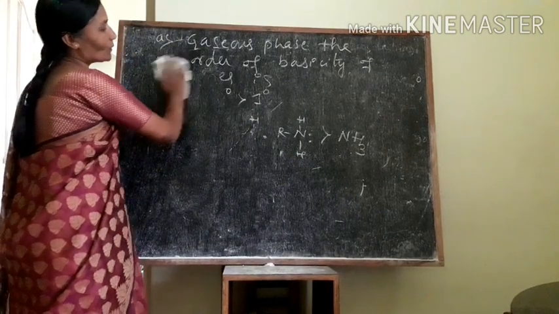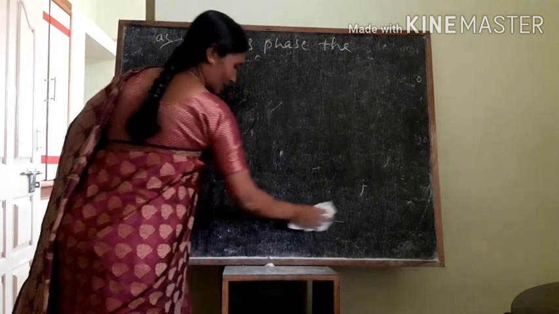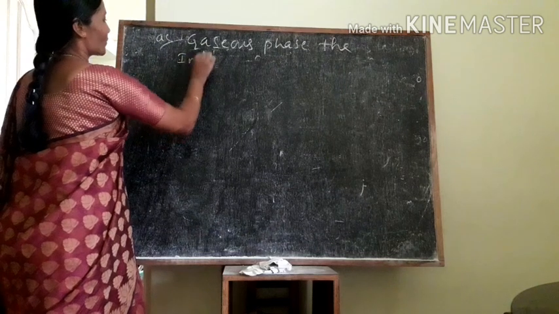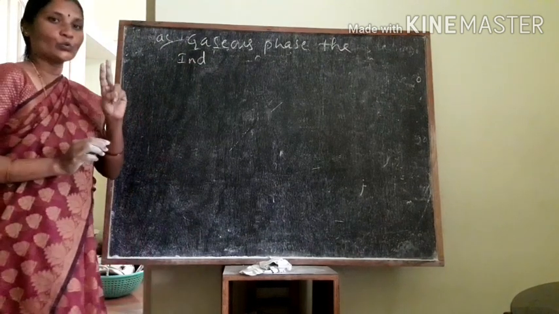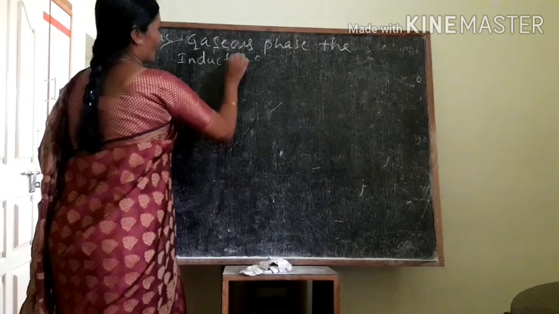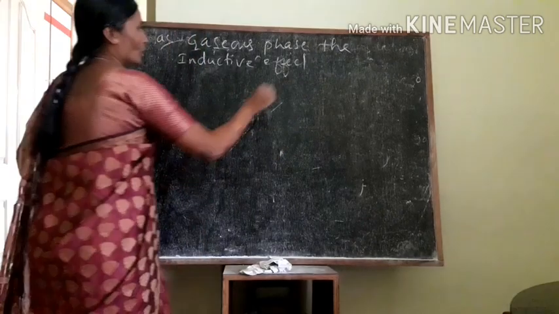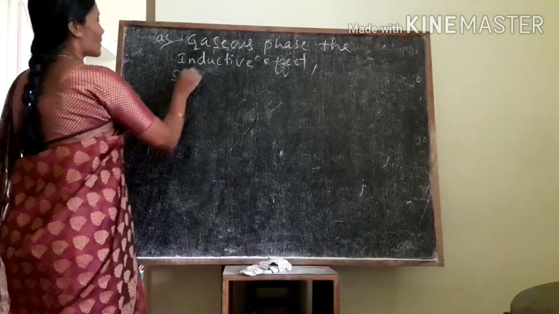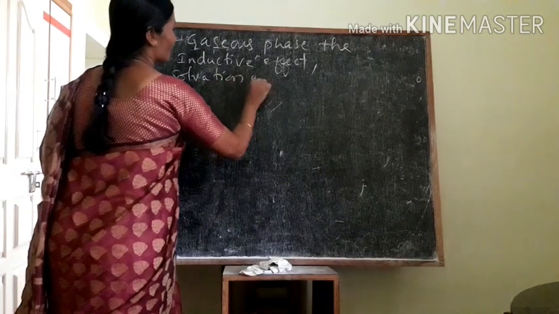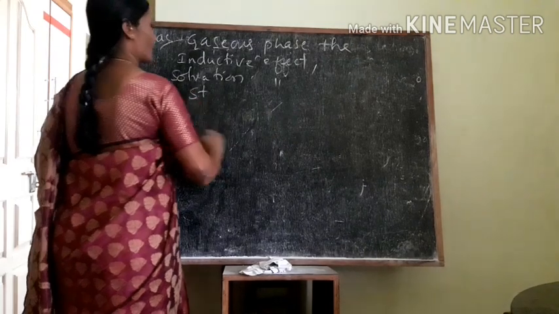But the basic nature or character not only depends on the inductive effect, it also depends on two more effects. Those two more effects are the solvation effect, and another is steric hindrance.